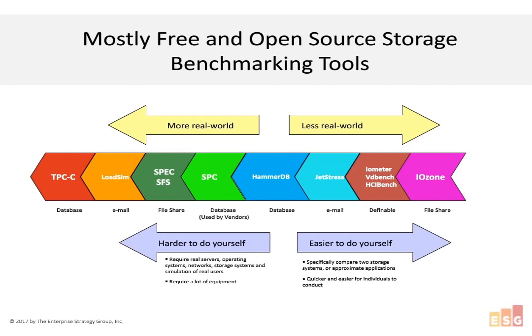And really that's across this spectrum. Each of these, except for the three, iometer, VDbench, HCIbench, each of these here is designed for a specific type of traffic, be it database or file shares or email. The difference between those and, say, iometer or VDbench, is that they are highly definable.